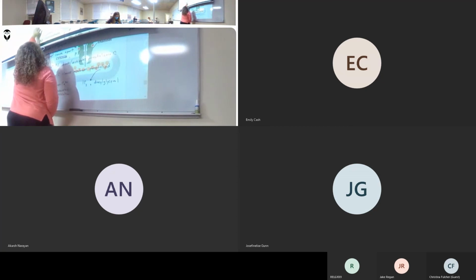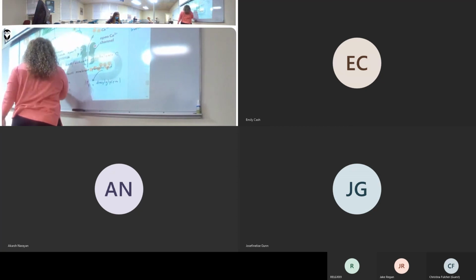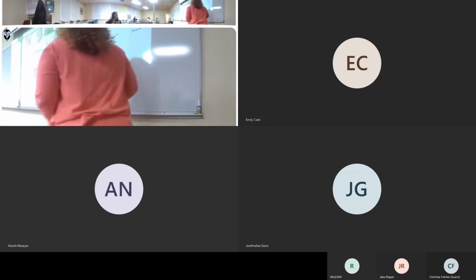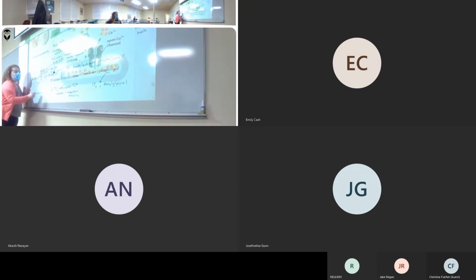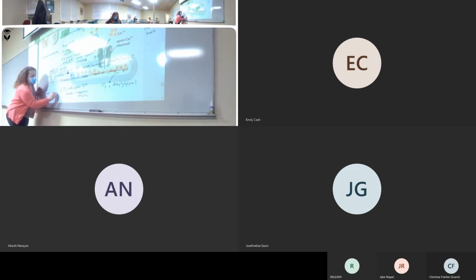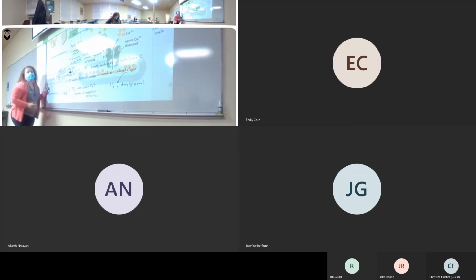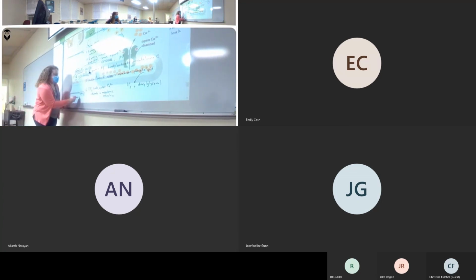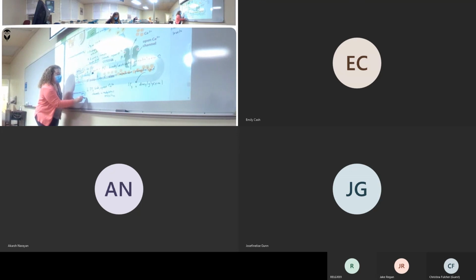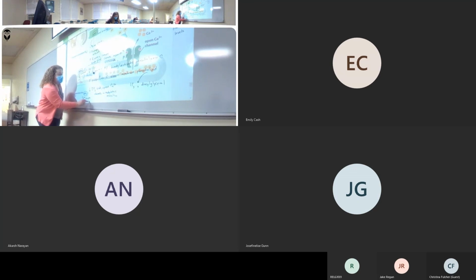Beta gamma activates phospholipase C, and then we have these other things happening. One of the important off switches for this pathway, the off switch number 3 for this pathway, is that we have calcium pumps that are going to move calcium back into the ER.